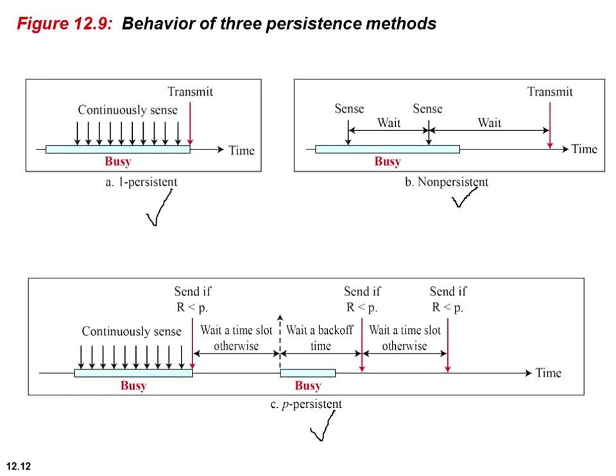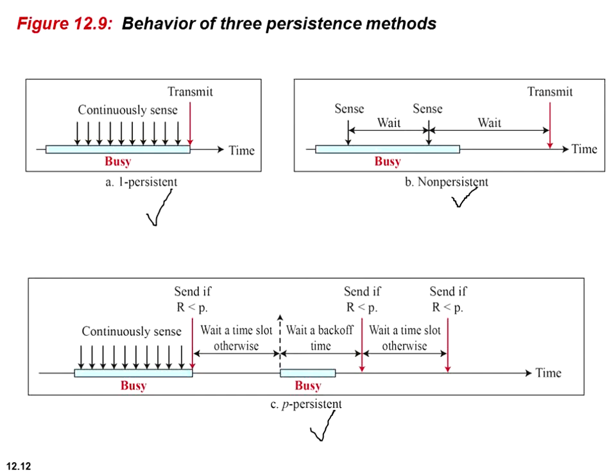The second one is non-persistent. In the non-persistent method, a station that has a frame to send senses the line. If the line is idle, it sends immediately. If the line is not idle, it waits for a random amount of time and then senses the line again.